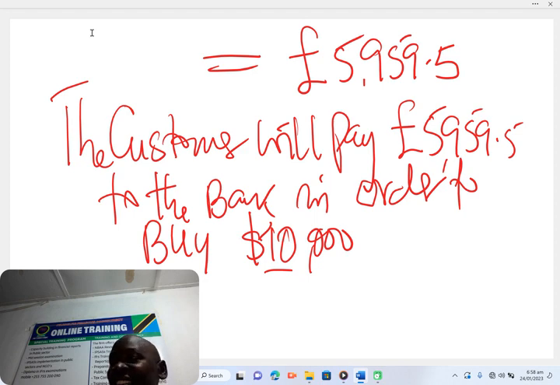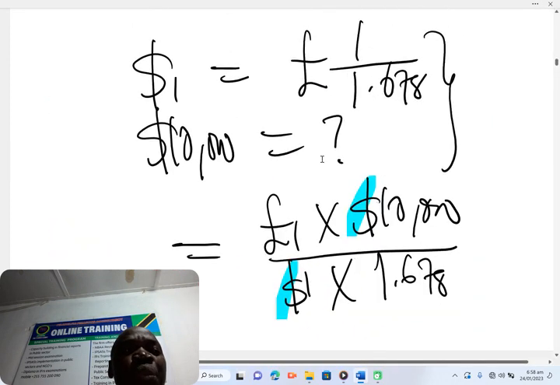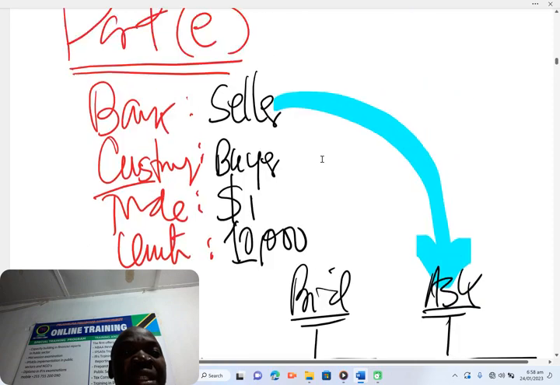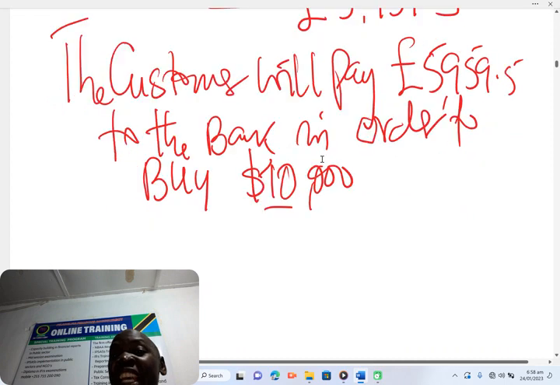Having this evidence on your paper indicates that you understand Forex. If you can't indicate such evidence, actually, you'll be hanging somewhere, perhaps trying to predict information which does not exist. Now we're going to part E. This is part E. Let's see part F, the last one, isn't it?